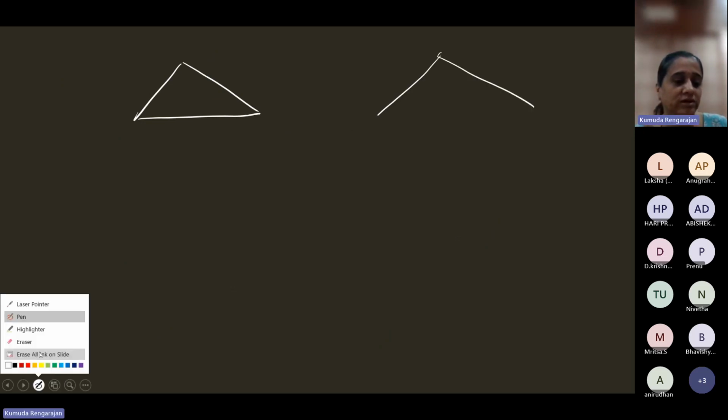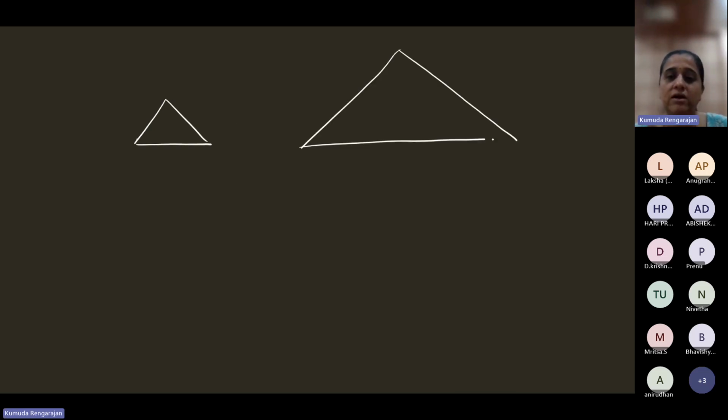See now, supposing they ask you, no information is given. Now tell me, are these two triangles congruent? Nothing is given.